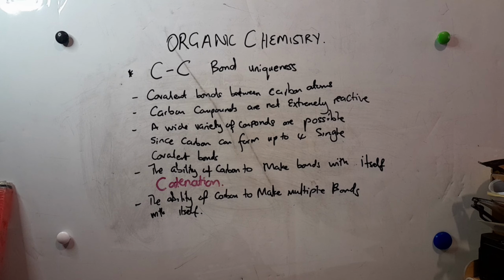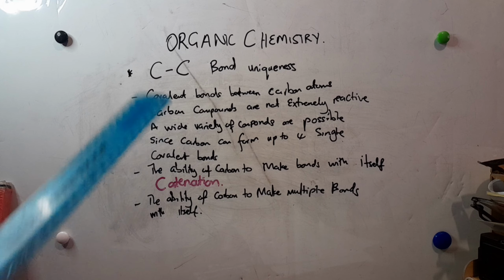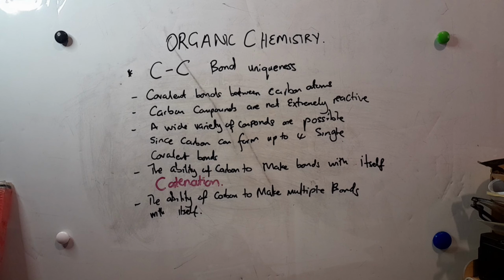As you can see, our carbon to carbon bonds are unique, right? So from the previous one, let's just summarize. Carbon to carbon bonds are unique because the covalent bonds between carbon atoms are quite strong, right?